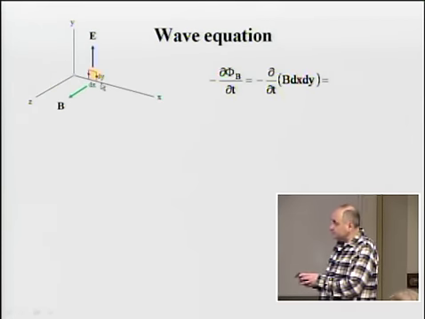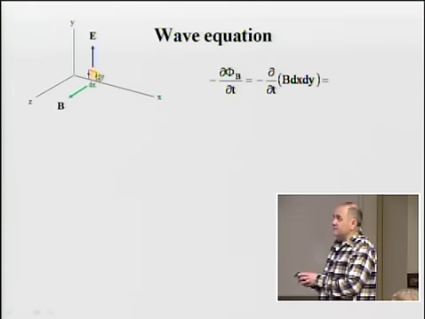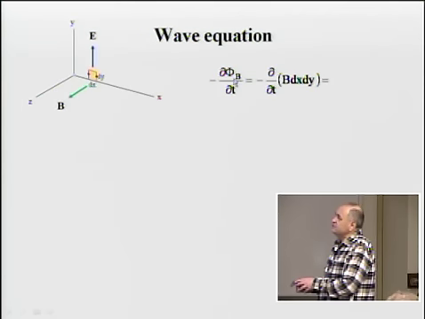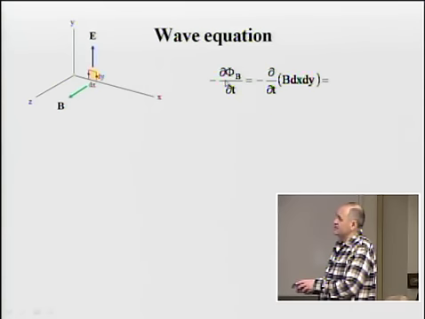And let me remind you that the line integral of electric field along this loop is proportional to the rate of change of magnetic flux. So now I'm evaluating this magnetic flux and rate of change. In other words, I have to calculate the derivative of the flux with respect to time.